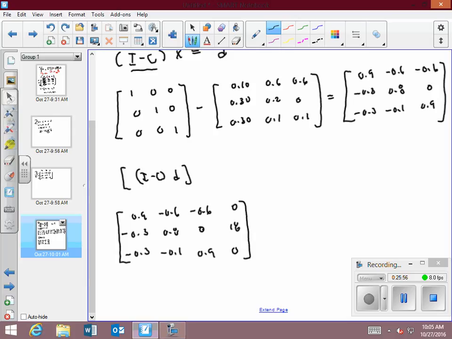Now the first thing we do is make it so that we don't have to deal with decimals, so we just multiply everything by 10. So 9, minus 6, minus 6, and 0; minus 3, 8, 0, 18; 3, 1, minus 3, minus 1, 9, 0.